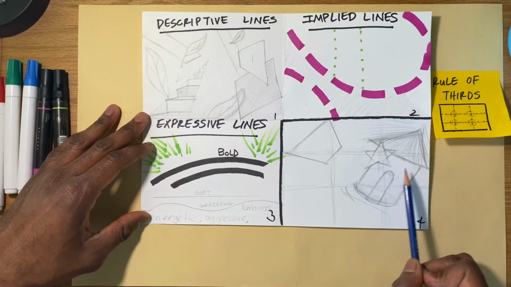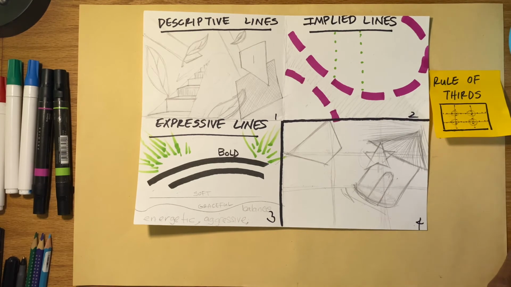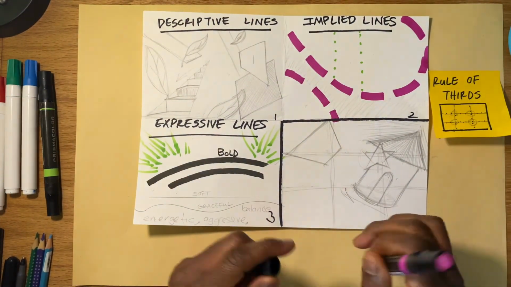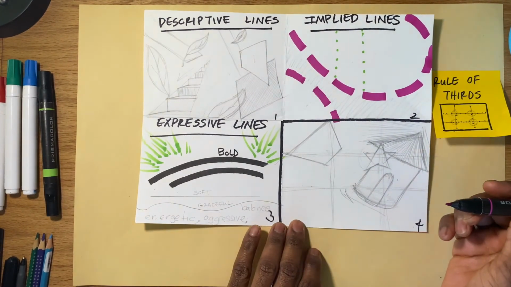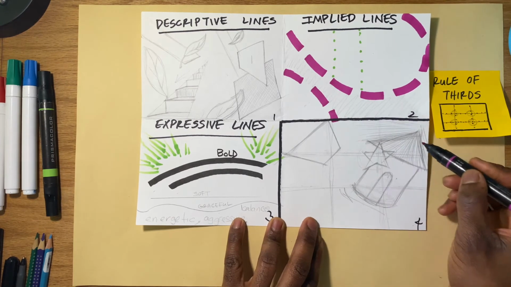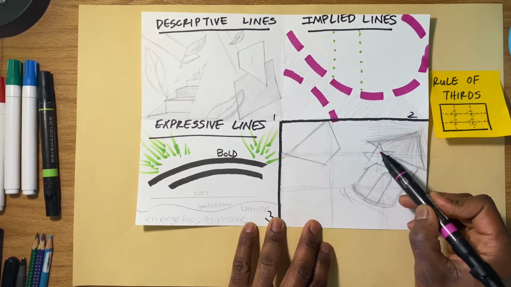So those are the types of lines that I'm going to put in here and maintain. So what would that look like? So I'm going to use some of the same colors that I have up here since I used them already. And I'm going to put some rhythmic lines in since I just talked about that. And I want those lines to sort of work their way from this focal point to that focal point.